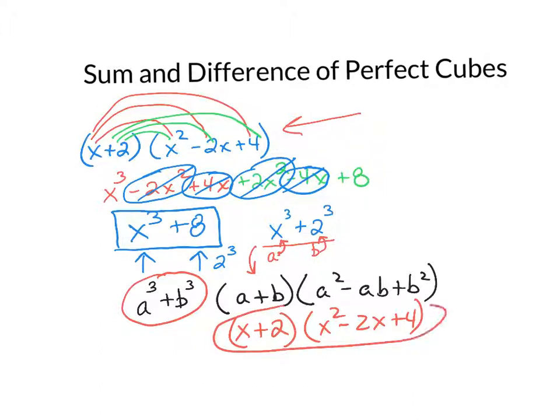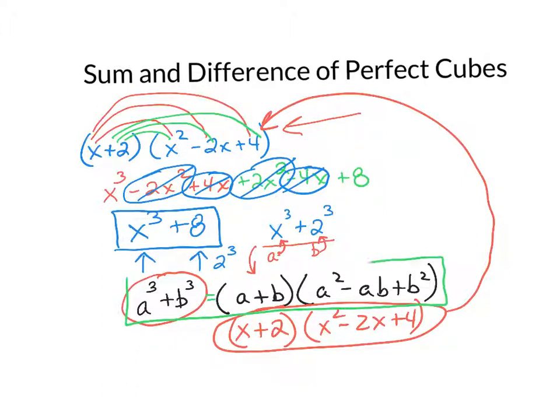And if we look back at what we started with at the very beginning, that's exactly the same thing. So I'm going to put an equal sign in between. This is the formula you can use if you have a sum of perfect cubes in order to factor it.